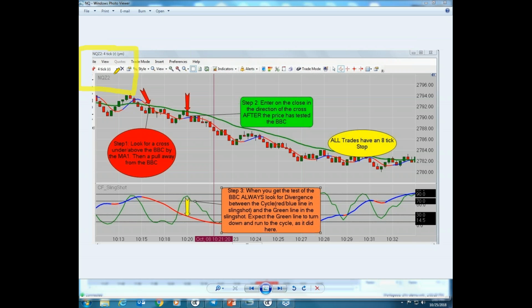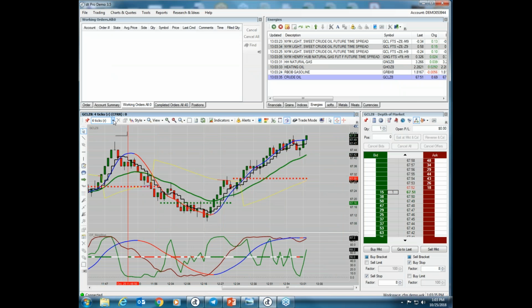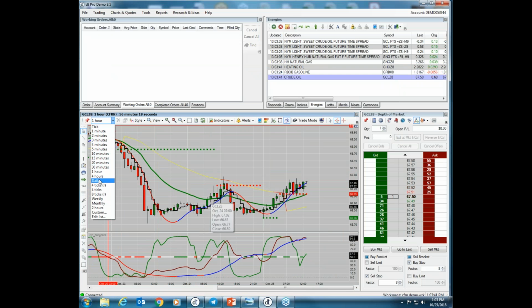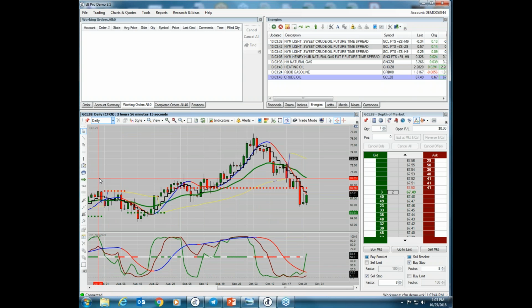First order of business is the time frame. Notice we're on a 4-tick range chart. That might be different than something that you're using. There are some advantages to it, but the first thing to do is, how do I get to a 4-tick range chart? Normally you're on a time-based chart. You might be on an hourly or a daily.